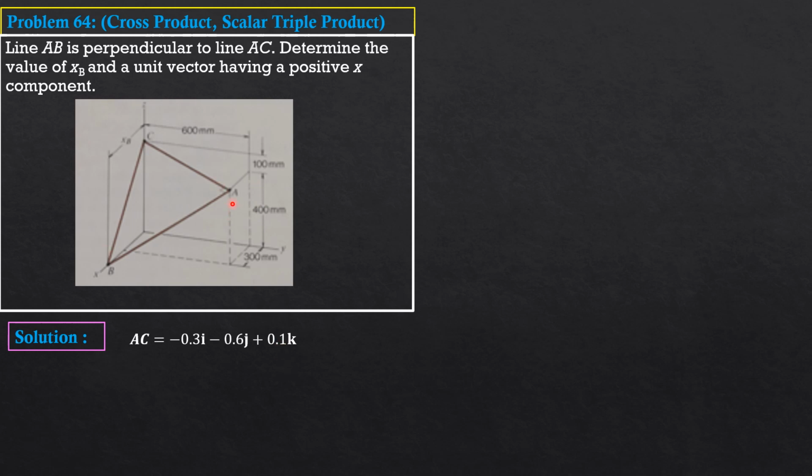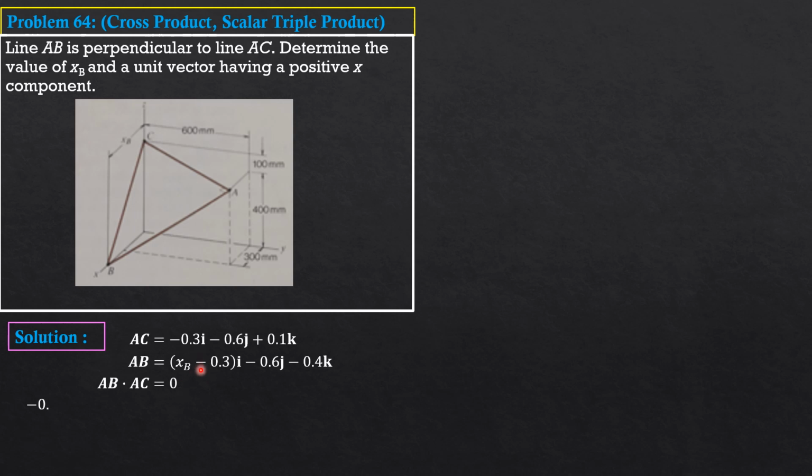While AB is XB minus 0.3 I, then negative 0.6 J going down negative 0.4 K. So XB minus 0.3 I minus 0.6 J minus 0.4 K. So obtaining the dot product, AB dot AC is equal to 0.